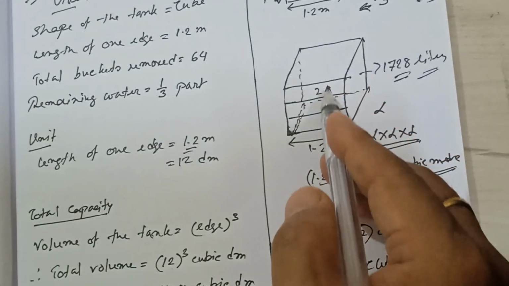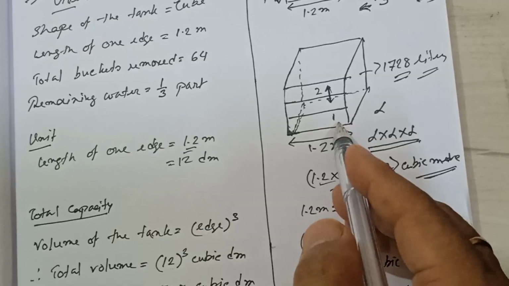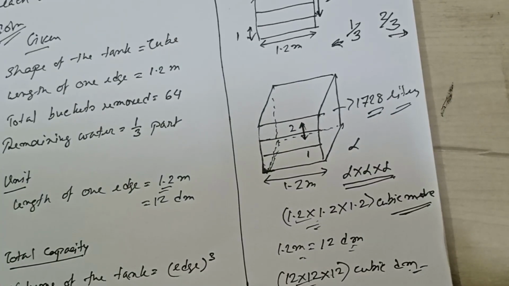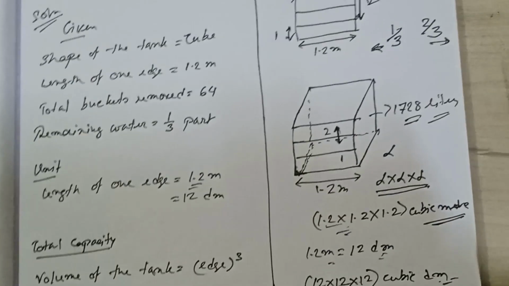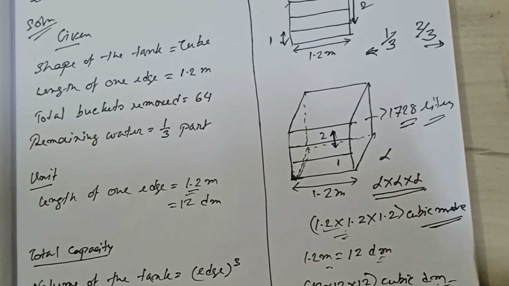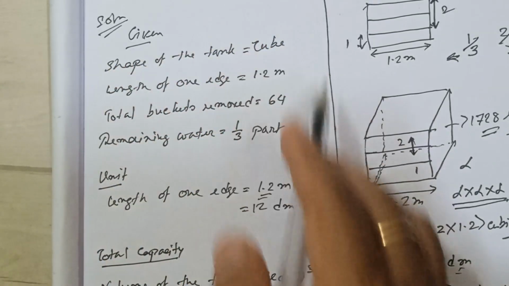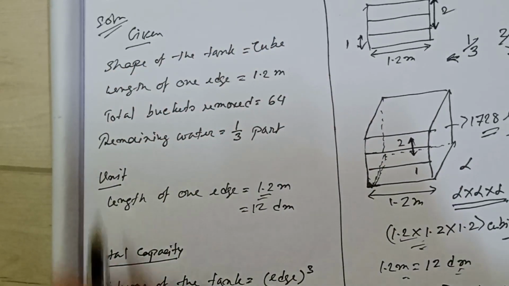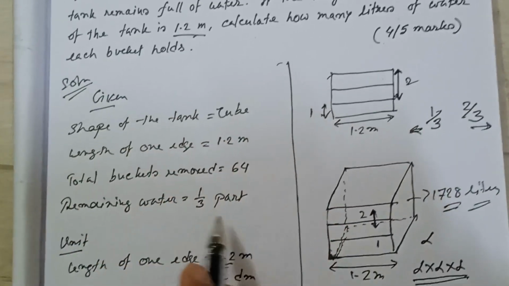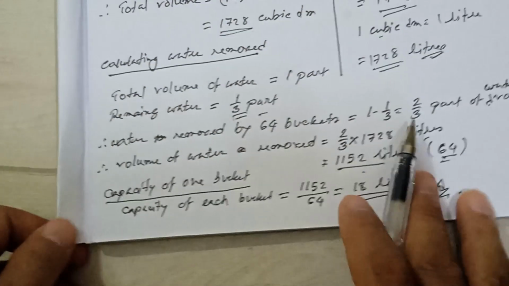I have labeled it: 3 parts, 2 parts removed, 1 part left. If you're not comfortable with the diagram, you can skip it, not a problem. But if you draw a diagram, you have to label it properly. Without the diagram also it can be done. So you just have to write it as I have given it here. The complete solution will be like this, on the left hand side. It contains the whole explanation of how we arrive at the solution.